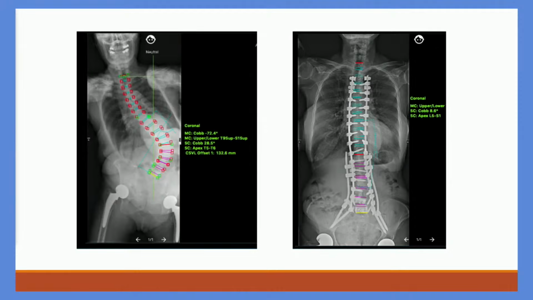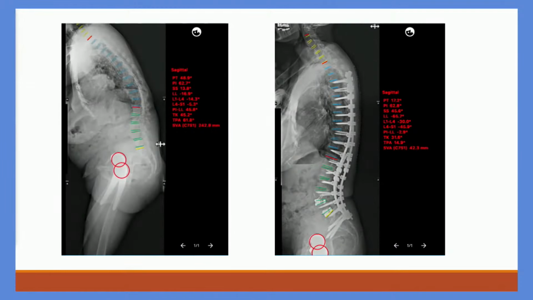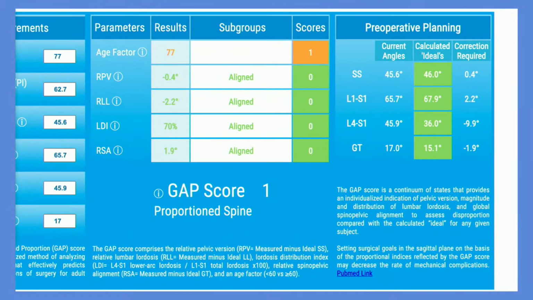From a curve of over 70 degrees, we were able to reduce her curve to under 10 degrees. In the sagittal plane, we were also able to achieve a harmonious alignment, as you can see with the pre-op picture on the left and the post-op picture on the right. And afterwards, once her parameters were assessed again through the GAP score, we have achieved a proportioned spine.